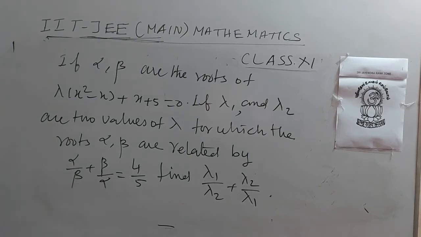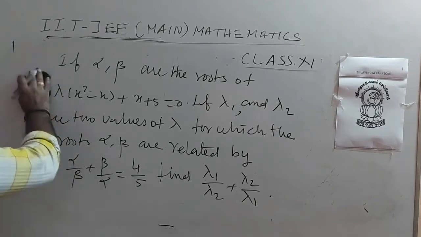Alpha, beta are the roots of lambda x square minus x plus 5 equals 0. If lambda 1, lambda 2 are two values of lambda for which alpha by beta plus beta by alpha equals 4 by 5, find lambda 1 by lambda 2 plus lambda 2 by lambda 1.